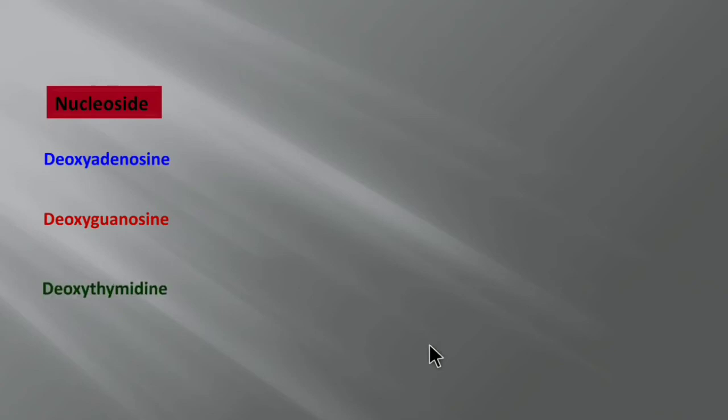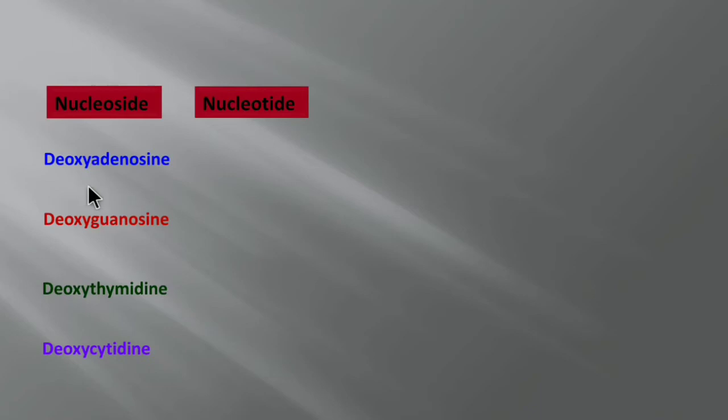So come back to the nucleoside. 4 types of nucleoside: one is deoxyadenosine, second one is deoxyguanosine, third one is deoxythymidine, and fourth one is deoxycytidine. And all these nucleosides combine with the phosphoric acid or phosphate group to form respective nucleotides.